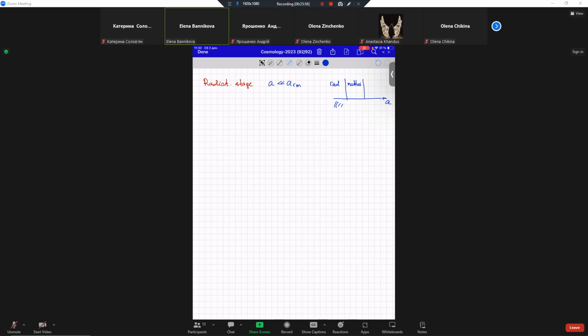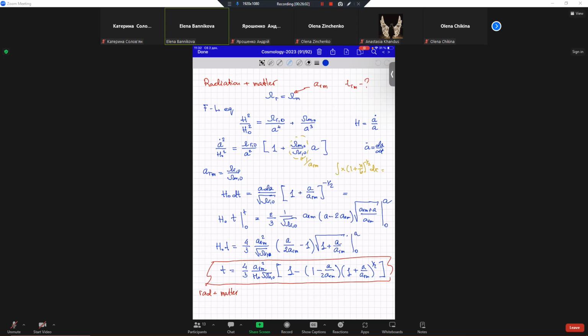Since we have a divided by a_eq here, we can consider the series corresponding to the small value of a divided by a_eq, and instead of this we will have 1 minus, for this case, a divided by a_eq squared over 4. So just consider the first terms of the series.